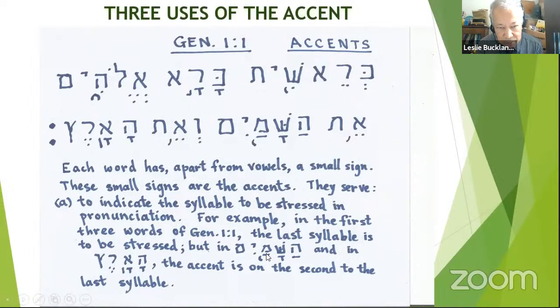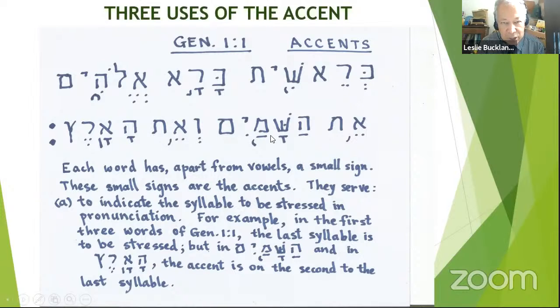But in Hashamayim and in Haaretz, the accent is on the second to the last syllable. Notice this. Hashamayim. Notice that this is the syllable right before the last syllable. The accent is not on the last syllable now. The accent is on the syllable before the last syllable, the syllable ma. In the first line, the accent was supposed to be on the last syllable of each word.